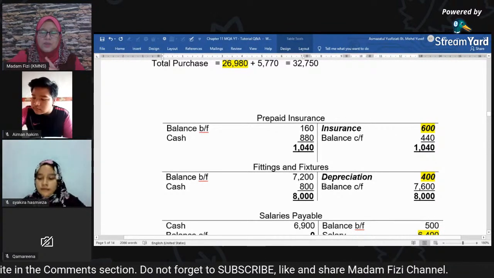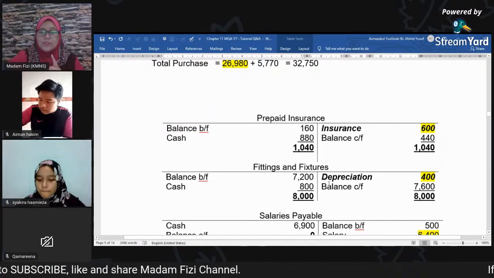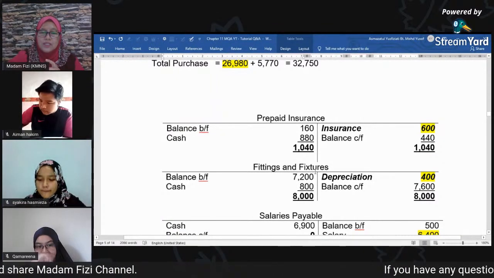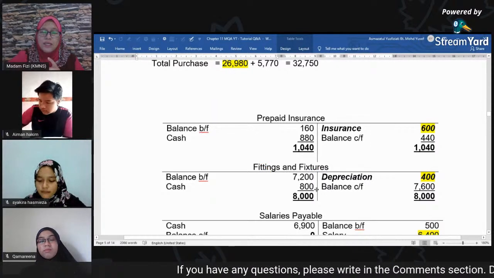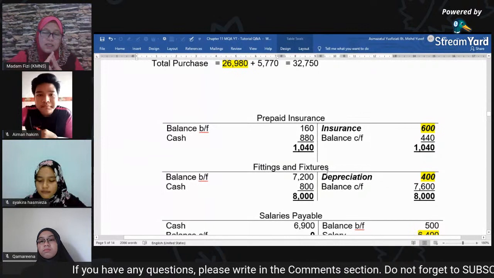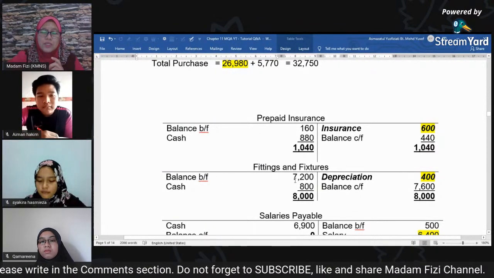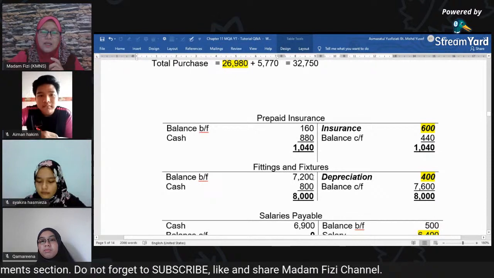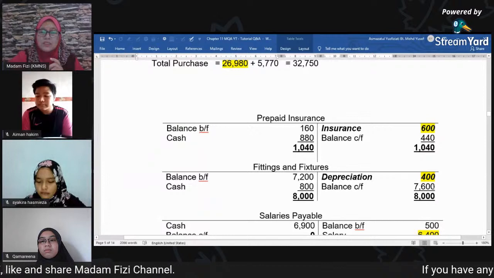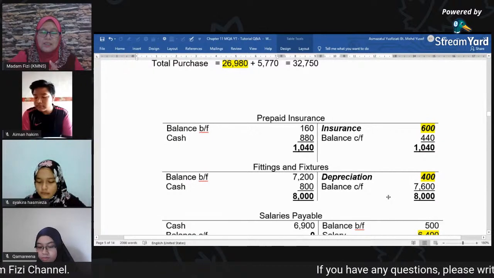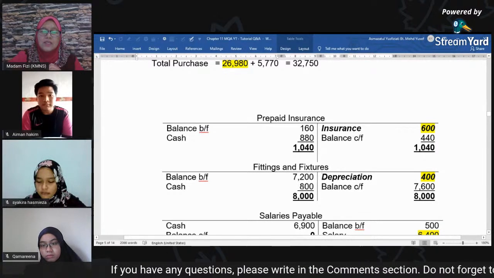Okay, next is to calculate depreciation. Okay, to calculate depreciation for fitting and fixtures, I advise you to open a T account because it has 3 transactions. That is, first, the balance brought forward, that is 7,200, and balance carry forward 7,600, as well as there is a cash payment for fitting and fixtures 800.